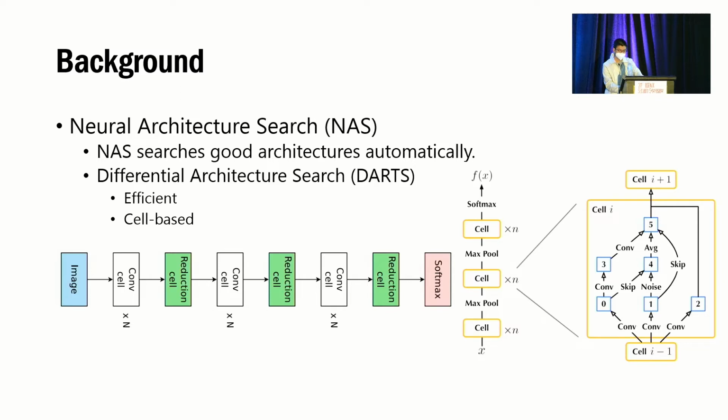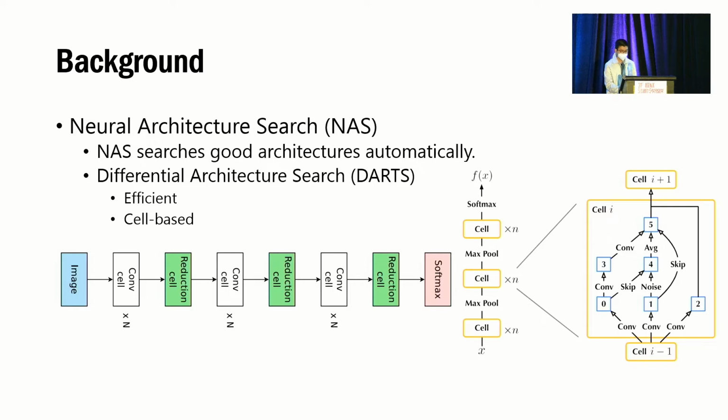Among various kinds of NAS optimization algorithms, differentiable architecture search, which is DARTS, might be the most famous searching algorithm. It is very efficient and based on cells. For example, here is the figure that shows the basic workflow of DARTS.